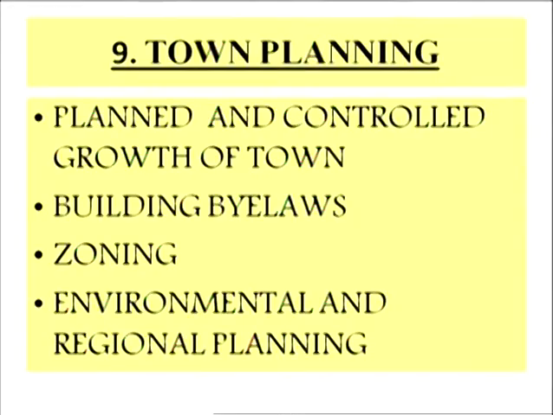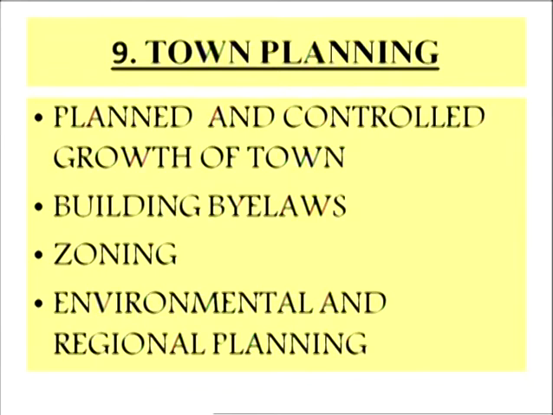Then there is the planning of a very large area. When you plan several towns and several villages together, it becomes regional planning. Within regional planning, the different towns and villages are planned together.